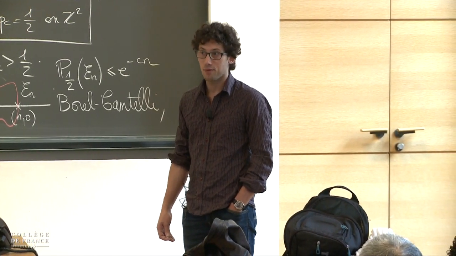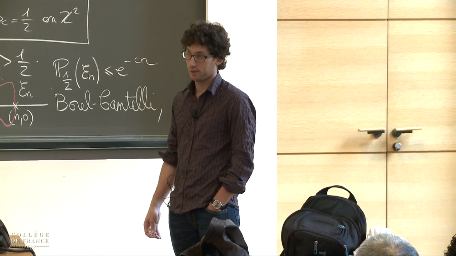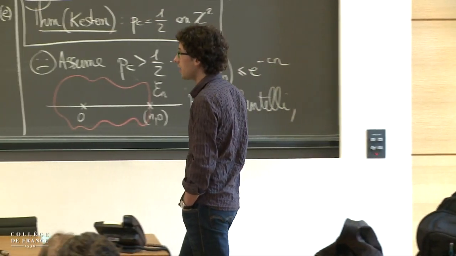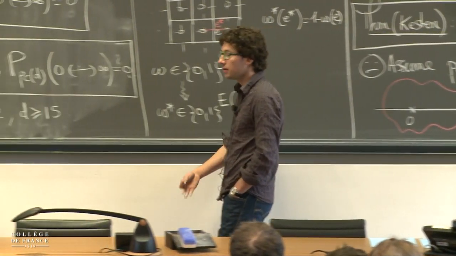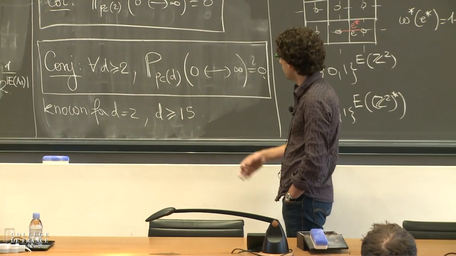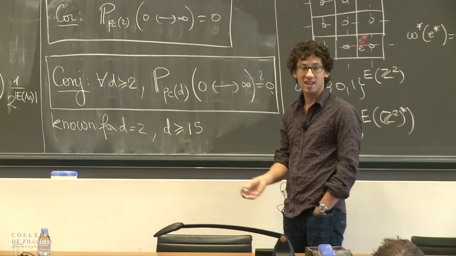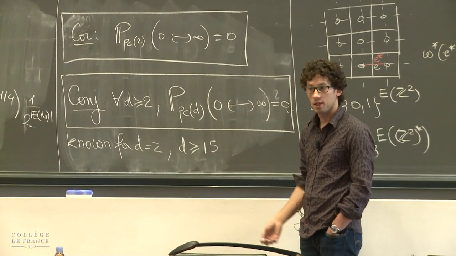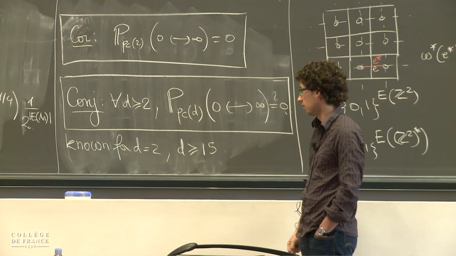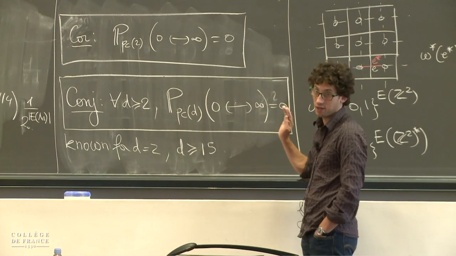These techniques will never prove you anything below 6. So dimensions 3, 4, and 5 are basically the big unknown. And proving that critical percolation dies out in dimension 3 is probably one of the biggest open problems in this field.